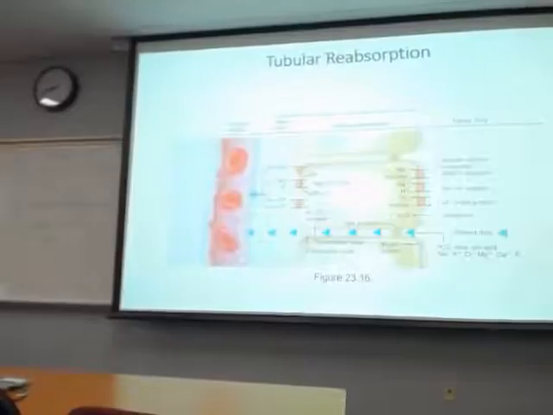We can't lose the glucoses. Why is it so important to get the glucoses back to the body? Well, the brain. I wouldn't say the biggest organ, but the brain. So we really can't lose the glucoses because of the brain function.